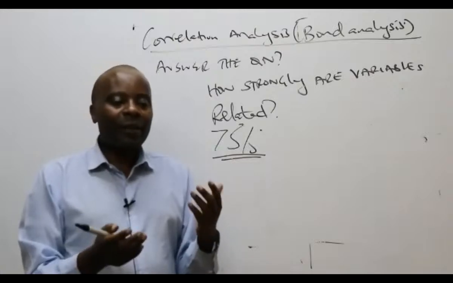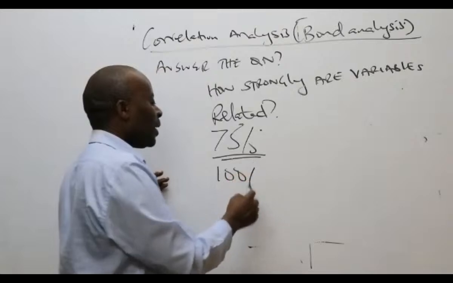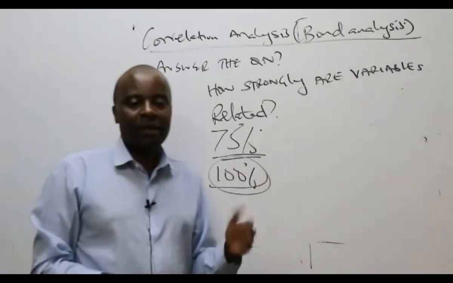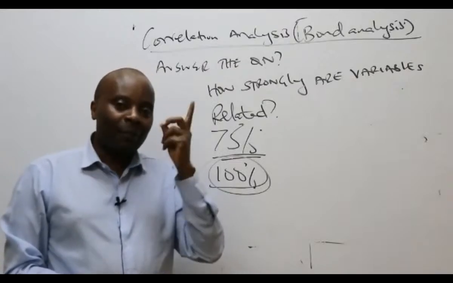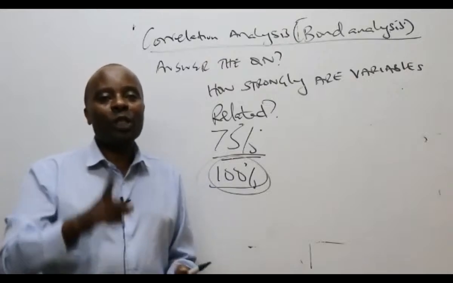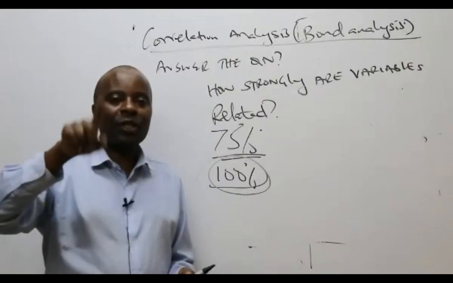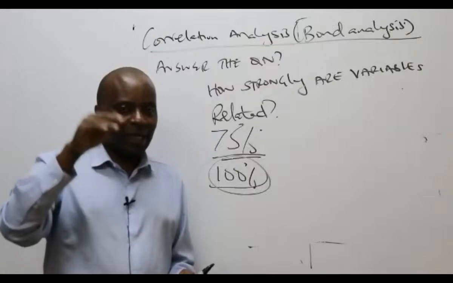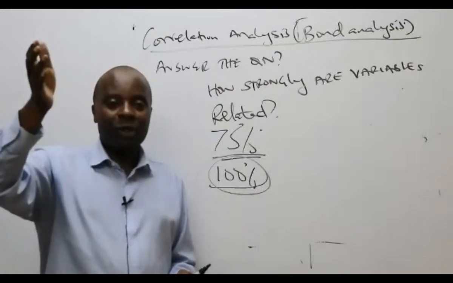But again, remember, if you get a relationship that is perfect, 100%, then this one is just some way of cheating.